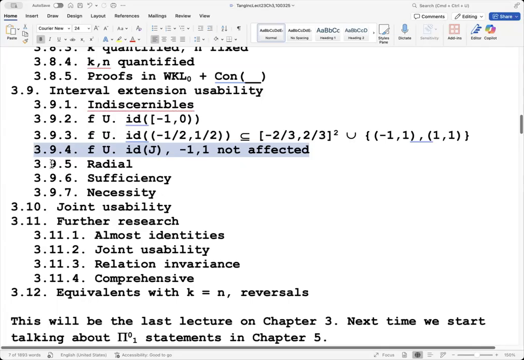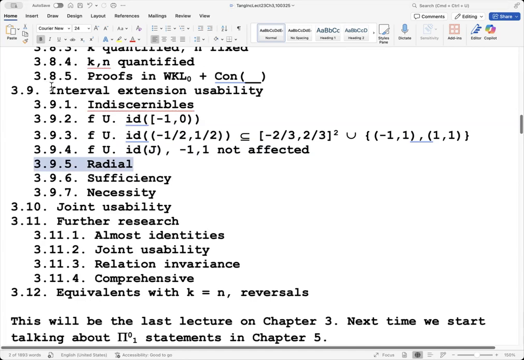And there's another totally different kind of sufficient condition called radial, which came up, by the way, in the finite theory. In 396, I try to consolidate all what I know about what's sufficient. And we're just talking about one interval extensions.